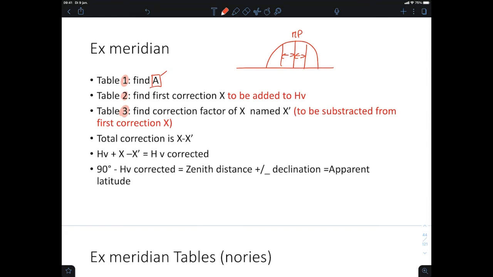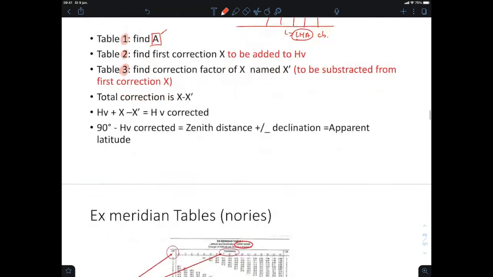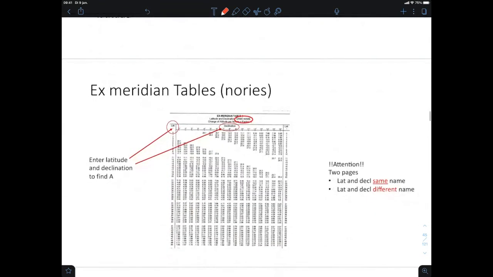I told you that this is based on the LHA of your celestial body, the hour angle of the celestial body, because that will indicate how much time before or after meridian passage your celestial body is in its apparent daily motion. And so here you find table A.